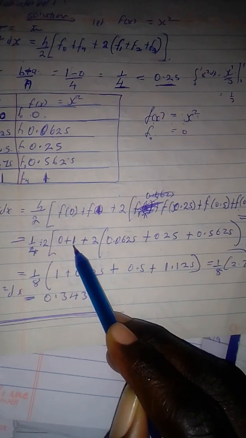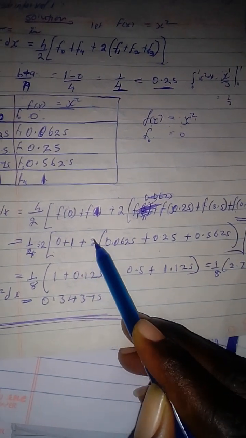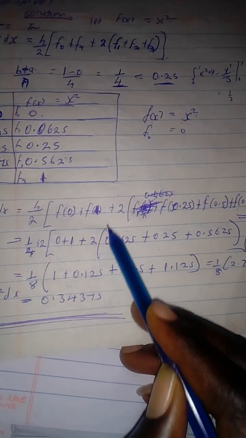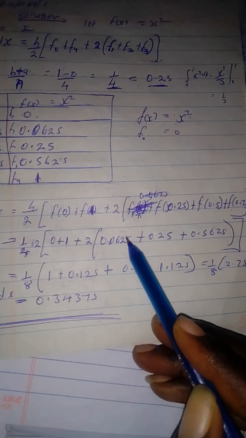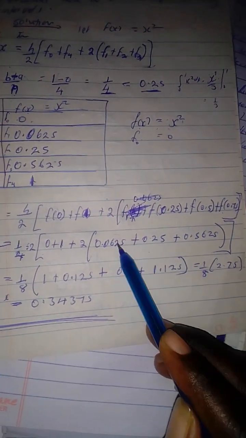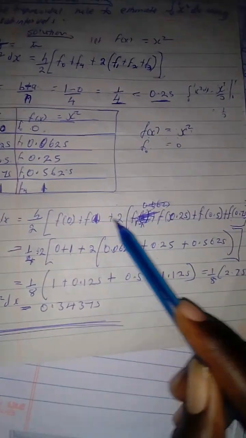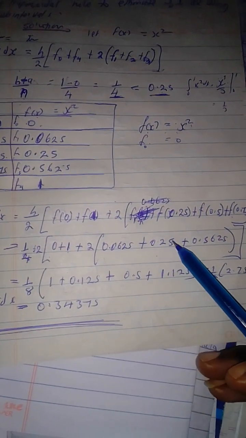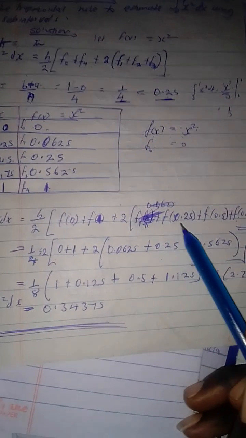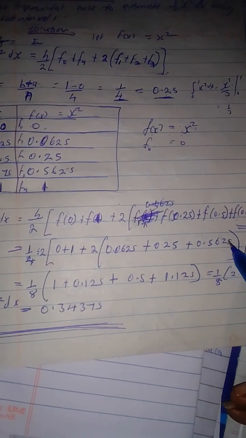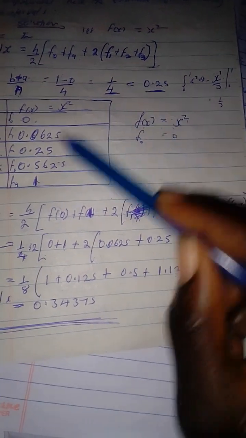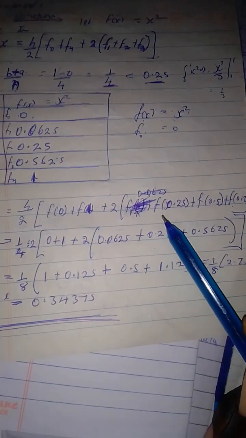Now f of 1, we got 1, plus the 2, bracket 0.0625, which is our f of 1, plus 0.25, which is this one, plus 0.5625, which is f of 3, which is this one.